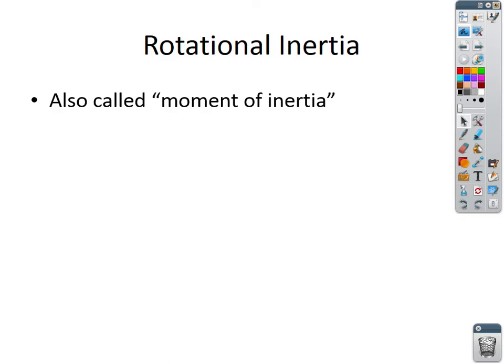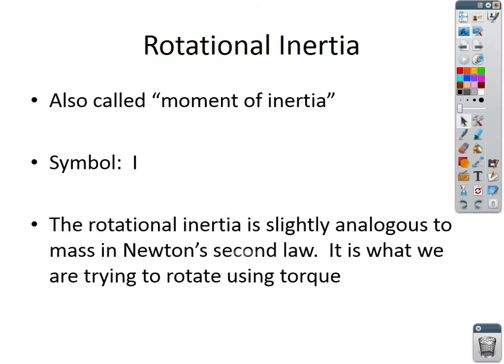The symbol for it will be I. It shows up in quite a few formulas we're about to do. It's going to be analogous to mass, but it's not mass. Mass is actually involved in calculating it, so that's why it's not completely analogous. But you'll see how it replaces some of those things.